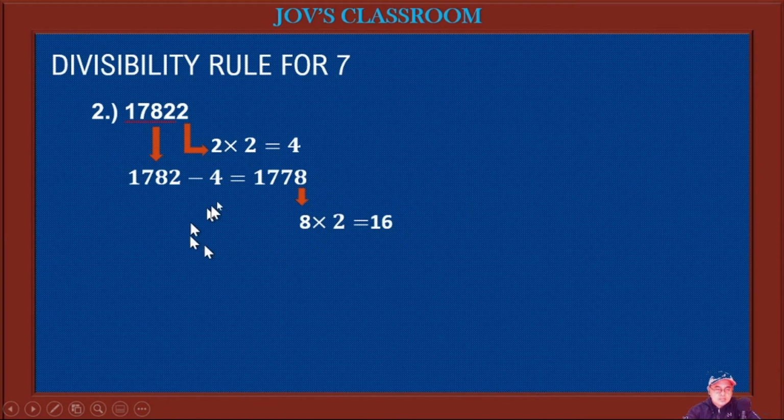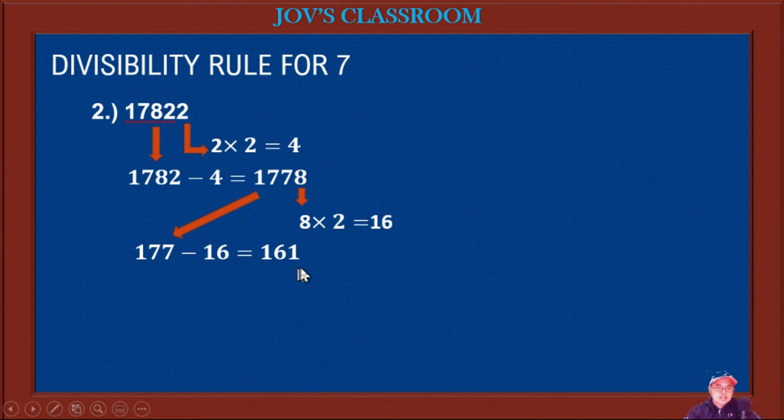And then proceed to the same process until the number is reduced to 1 digit. So again, 8, apply the rule, 8 times 2 is 16, and then subtract it from the remaining number.